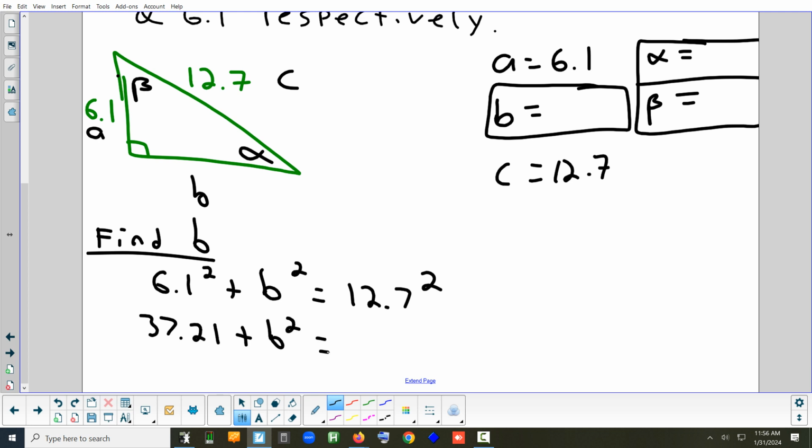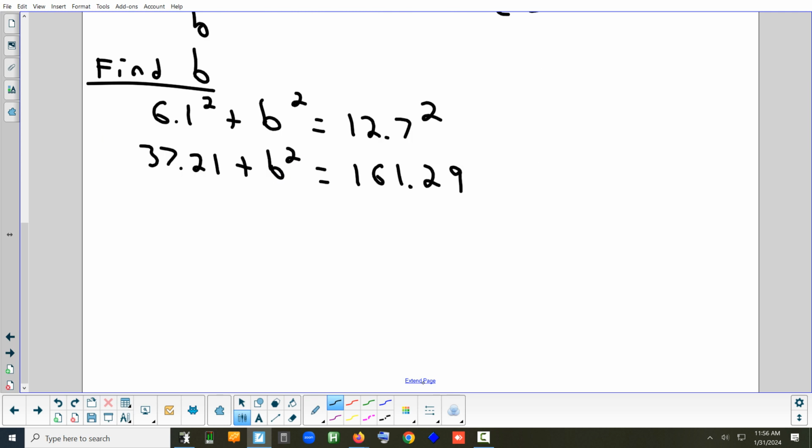And 12.7 squared, like 160 something. 161.29. Now I need to subtract 37.21 from that. What's 161.29 minus 37.21? 124.08. Yes. And the last thing I need is the square root.